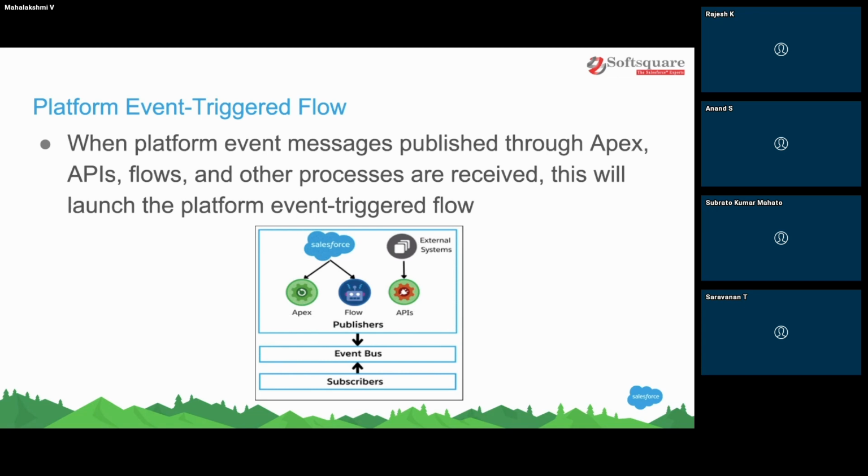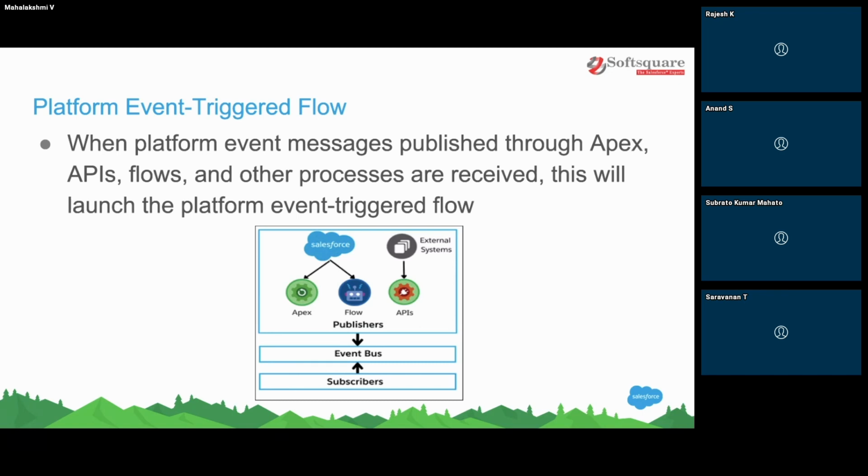Platform events are event messages that your app sends and receives to take further actions. They simplify the process of communicating changes and responding to them without writing complex logic. Publishers and subscribers communicate with each other through the events.